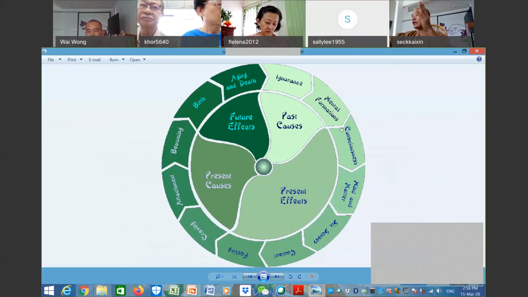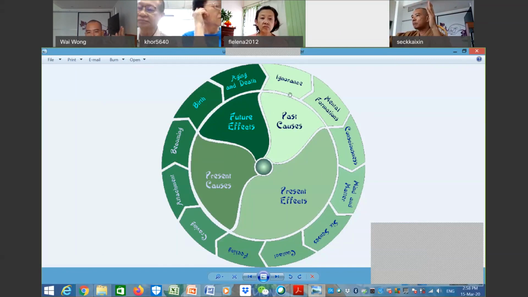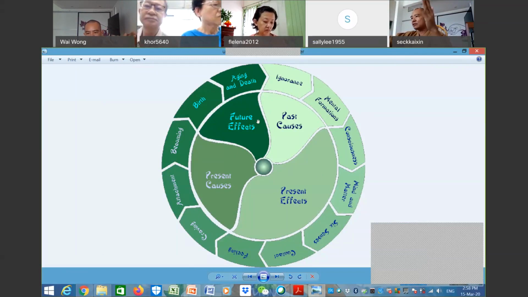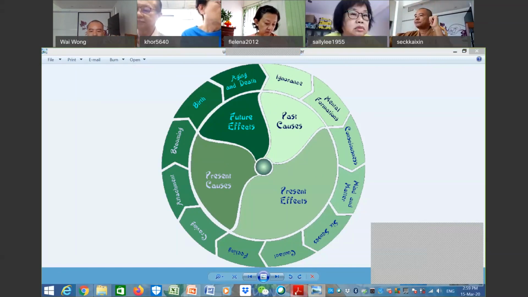That is how people use dependent origination to structure the meditation course. Since they know that ignorance and craving are the main causes, they aim to teach two places to eradicate them. Once you eradicate ignorance and craving, finally you will be liberated. So this is how they use dependent origination.